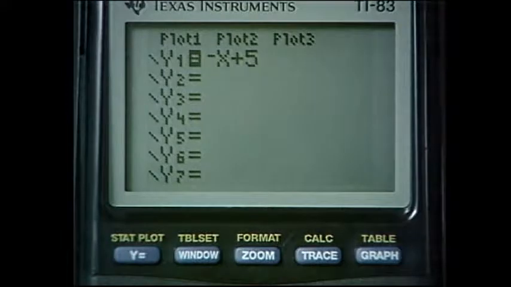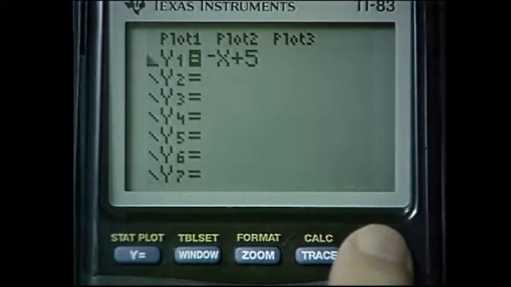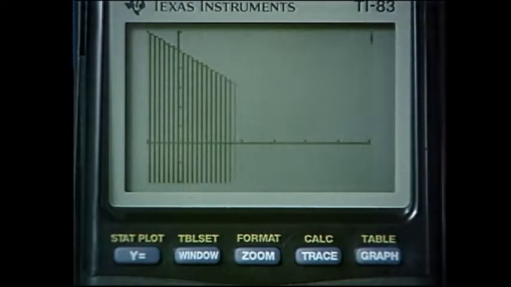And here I'm pressing enter with the icon over here on the left side. And as I press enter, different options are becoming available. This option is one which shades above the graph, and this is an option that shades below the graph. And here's what the graph looks like with the shading below.